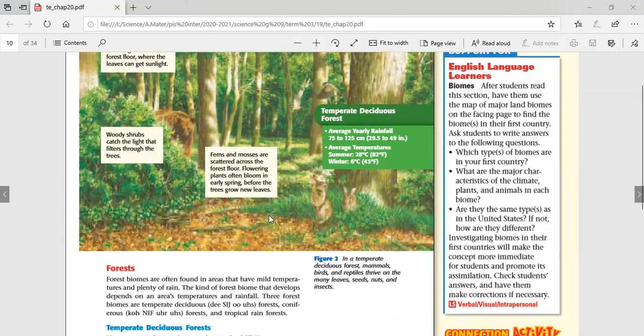These plants grow in scattered places that receive sunlight between the branches of the trees. The empty places where the tree branches are not blocking the sunlight allow mosses and ferns to grow. We also find small flowering plants on the ground that start to bloom in early spring, before the trees grow new leaves and cover most of the sunlight.